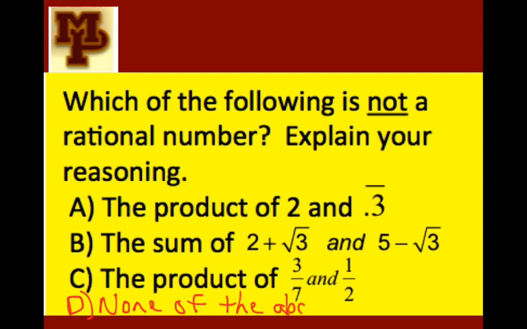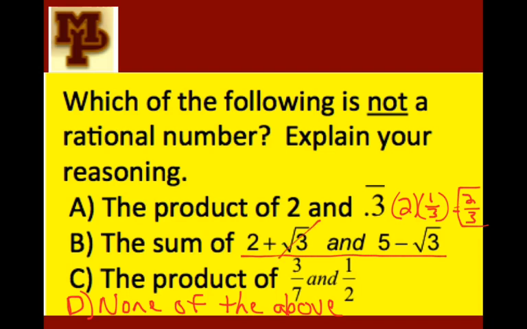I'm going to explain a little bit there. If I was to figure out the product of 2 and 0.3 with a bar over it, it would actually be 2 times 1/3. That's what 0.3 with a bar over it is equivalent to. So that would be 2/3, which is fine. And then when I add these two together, the radicals cancel out.